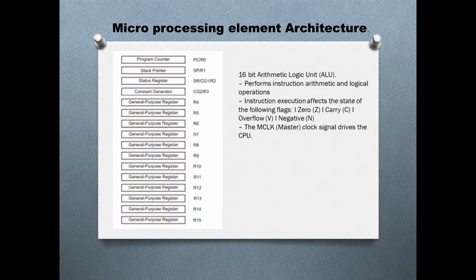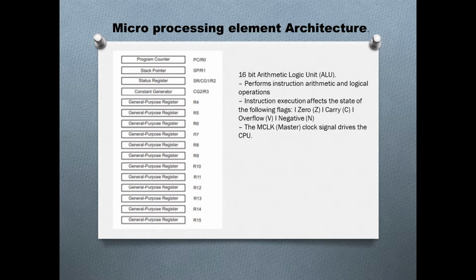So our next topic is microprocessing element architecture. The MSP430 CPU has a 16-bit RISC architecture that is highly transparent to the application. All operations other than program flow instructions are programmed as register operations in conjunction with 7 addressing modes for source operand and 4 addressing modes for destination operand.